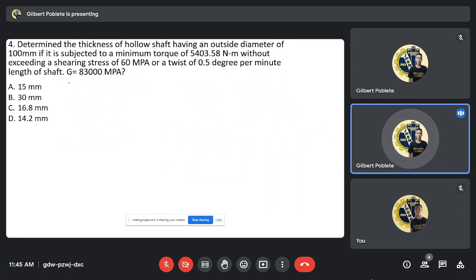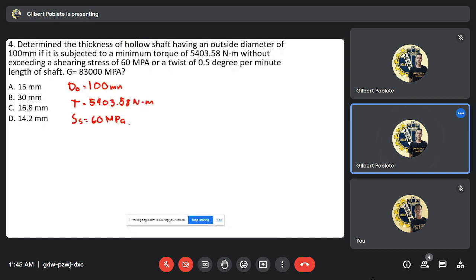So, dito, sinabi is meron tayong hollow shaft. Tapos i-list na natin yung given. So, the outside diameter is 100 millimeter. And meron tayong minimum torque of 5,403.58 Newton meter. And then we have the shearing stress na 60 megapascal.